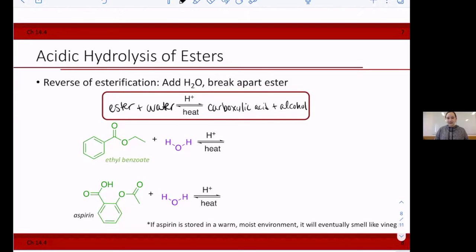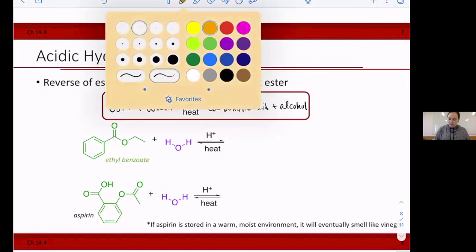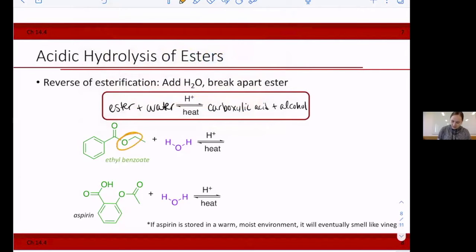Again, in this reaction, we're going to just play flip-flop with the partners. So the carboxylic acid type thing and the alcohol type thing are going to swap places. So let's use orange. I'm going to take these two components and flip-flop their places.